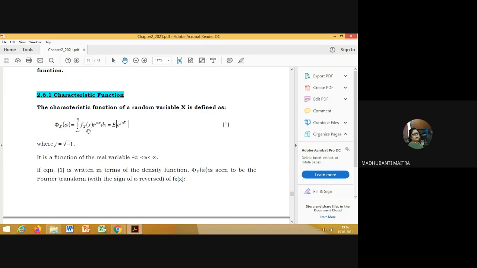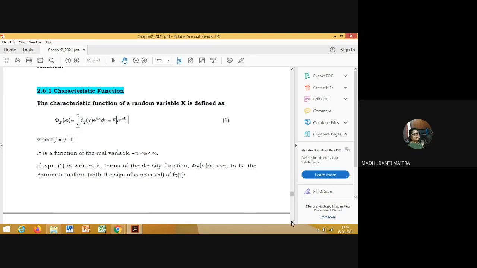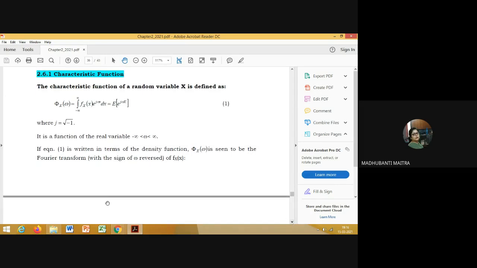Yes, ma'am. Now if we want to find fx from this expression, then we'll go for the inverse Fourier transform. So in this equation, we see that phi x omega is the Fourier transform with the sign of omega reversed. Fourier transform of which function? Of fx of x, right? Only the sign of omega is reversed.